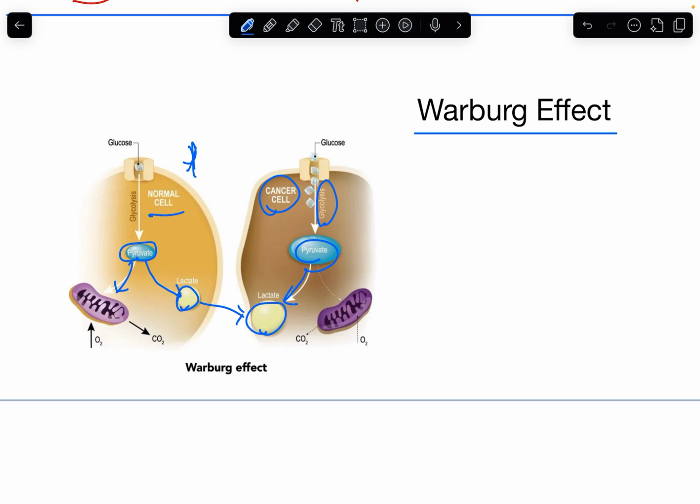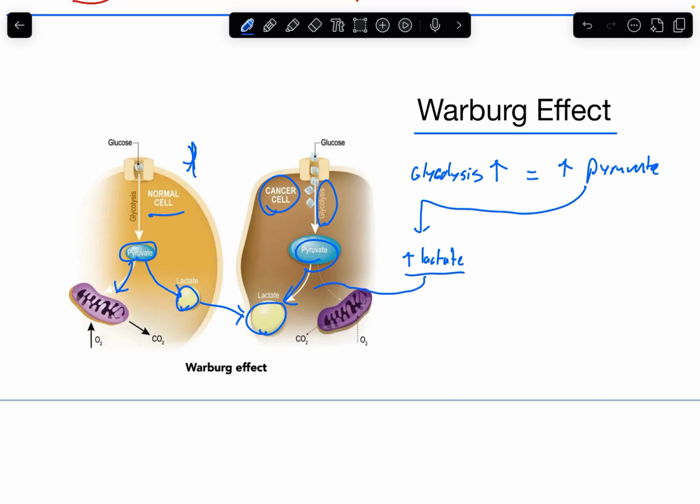So the importance of lactate is that if glycolysis is upregulated, right? If it's increased, then that's going to increase pyruvate production, which then increases the lactate byproduct, right?